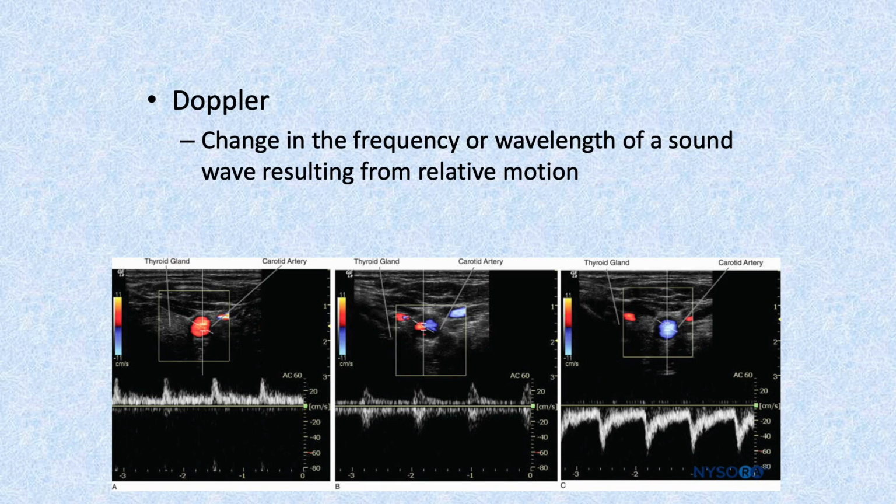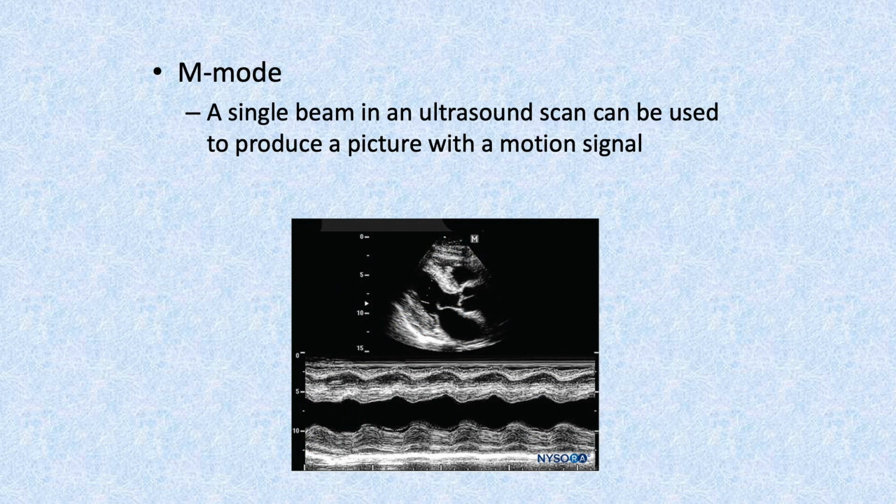Doppler is used to detect artery or vein or small vessels; you use color Doppler. M mode, sometimes when we use a single beam, in a floating structure we can see motion. This is used more for echo or for lung ultrasound.